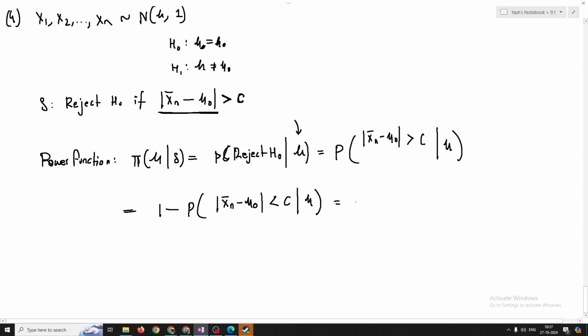This means that, removing the mod, xn bar lies within c distance of mu naught. In other words, this is just c minus mu naught less than xn bar less than c plus mu naught, given the parameter mu.